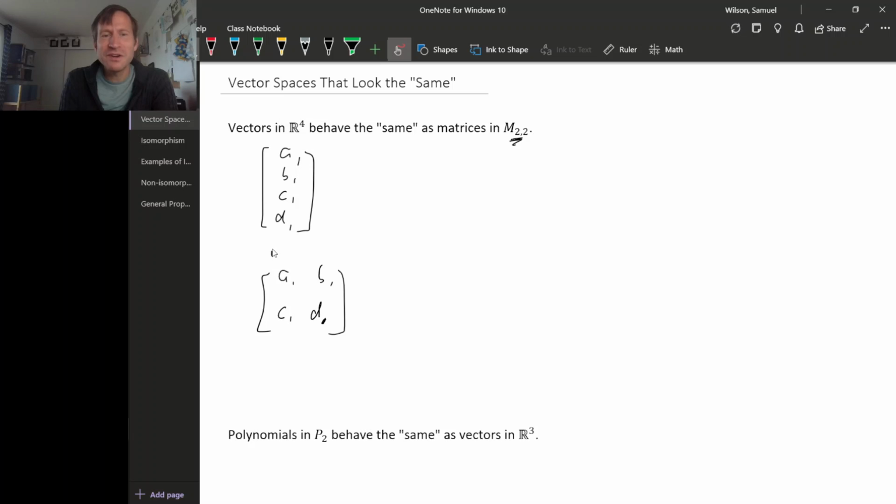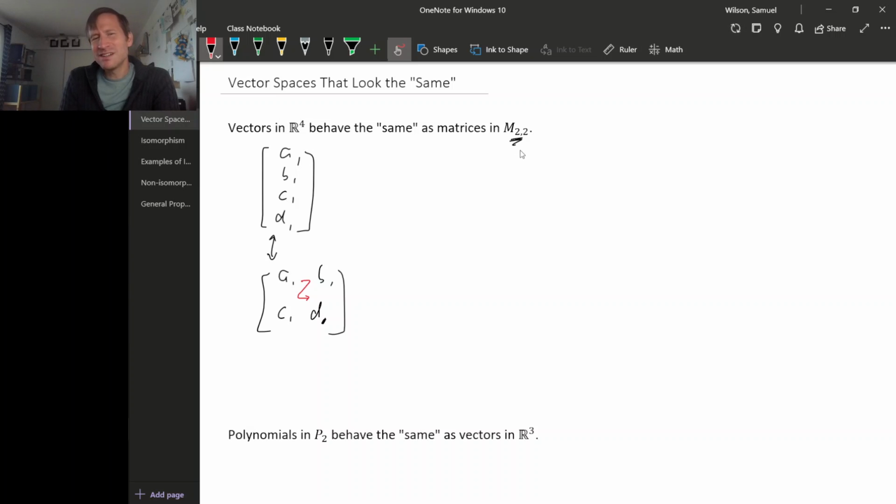So there's a very nice one-to-one correspondence between these two vector spaces. You can just reshape any column to get a square, or reshape any square to get a column, reading entries in this particular order. And that sets up a nice one-to-one correspondence between R4 and M22.